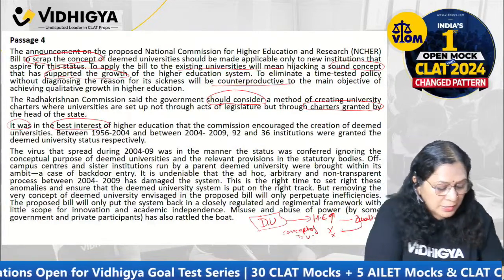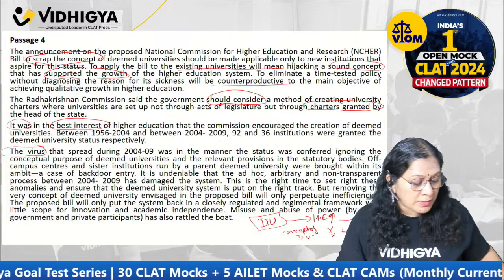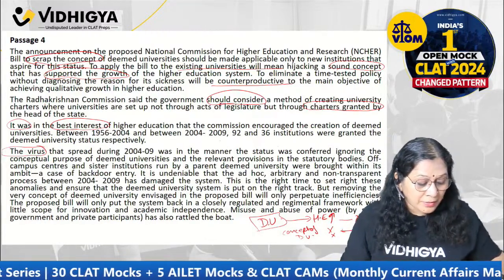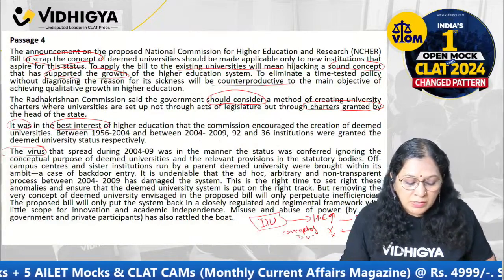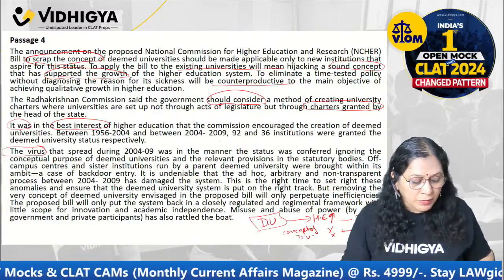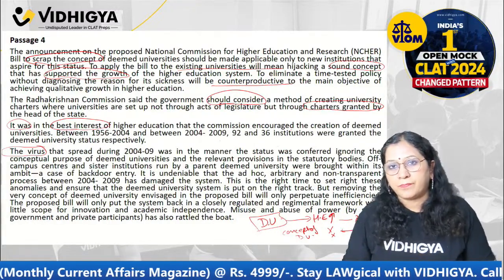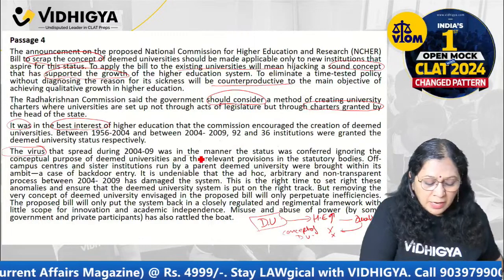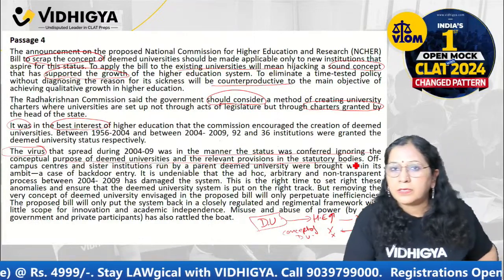Now the virus that spread, virus, everybody is accustomed to this word virus in the last 3 years. So that spread during 2004 and 9 was in the manner the status was conferred, ignoring the conceptual purpose of deemed universities and the relevant provisions in the statutory bodies. ठीक है, underlining in the hard copy you could have underlined this, right?